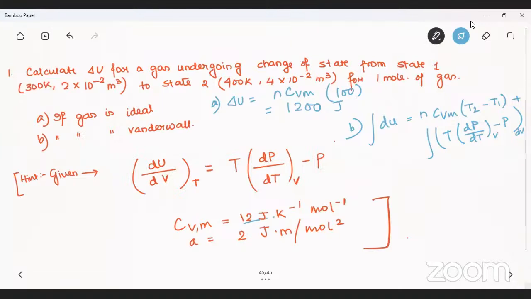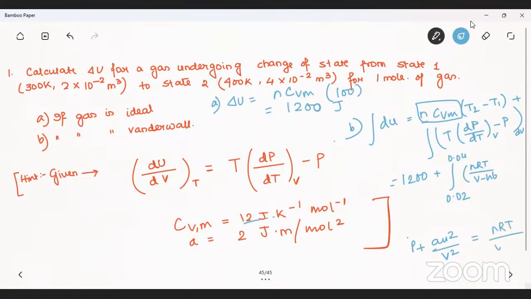Okay, so if you just solve, this value is given as 1200. We just calculated. 1200 plus the integration from 0.02 to 0.04 of nRT by V minus nb. Why? Because we know this formula: P plus n square a by V square is equal to nRT by V minus nb.